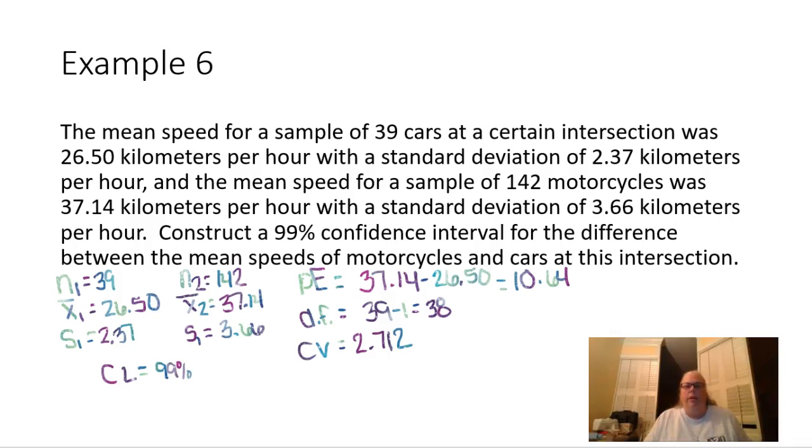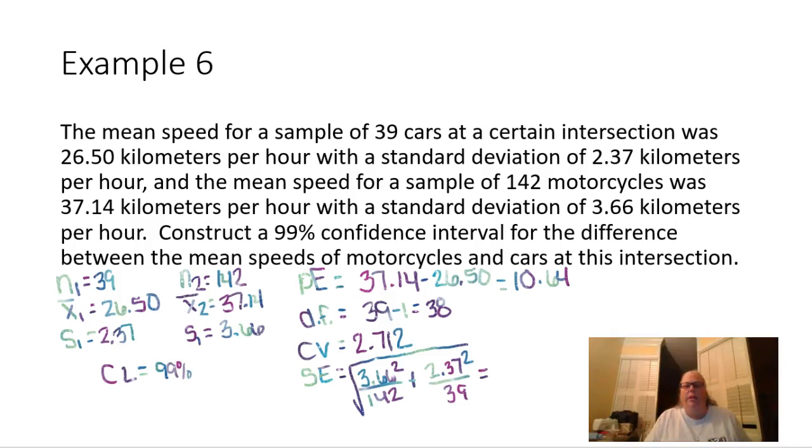All right, next thing we need is our standard error. Our standard error is the standard deviation squared divided by its sample size plus our other standard deviation squared divided by its sample size, and then we are going to square root all of that.